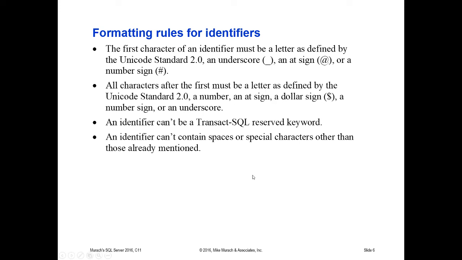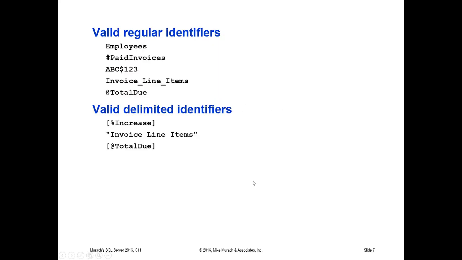We can't use a reserved word like table. An identifier can't contain spaces or special characters except for those ones that we've mentioned. So here are some valid identifiers. Remember, when we put square brackets around a name, it becomes a delimited identifier, and we can get away with things like spaces.